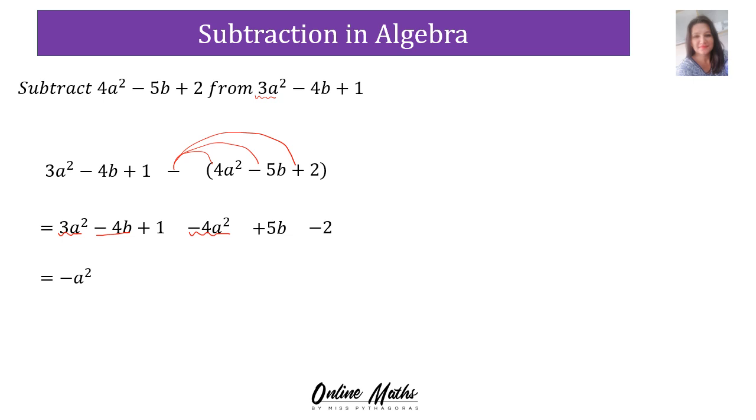Negative 4b plus 5b is plus b. And remember, if it's 1, you don't write that one as a coefficient, you just write plus b. And then in terms of the constant terms, the terms without the variables, plus 1 minus 2 is negative 1.